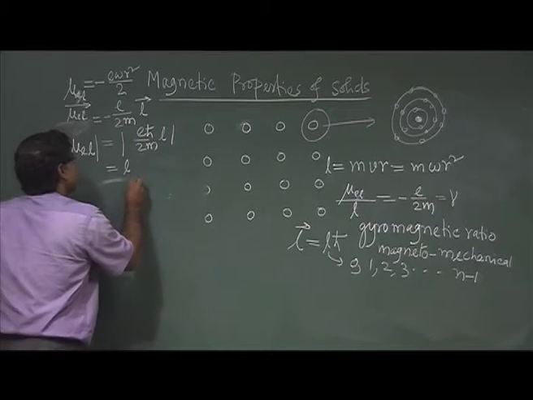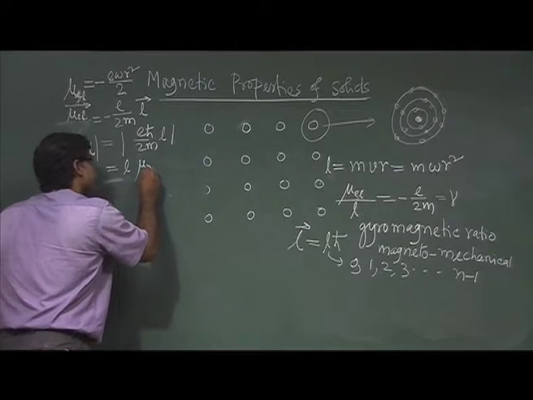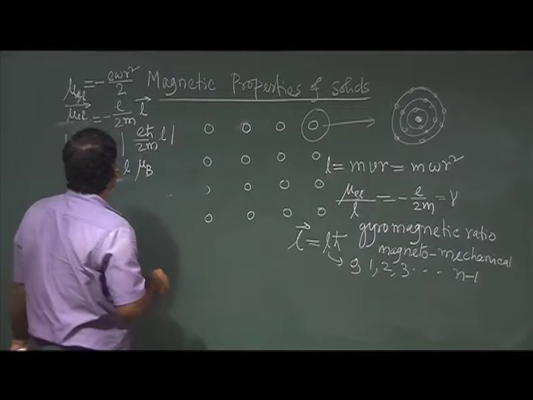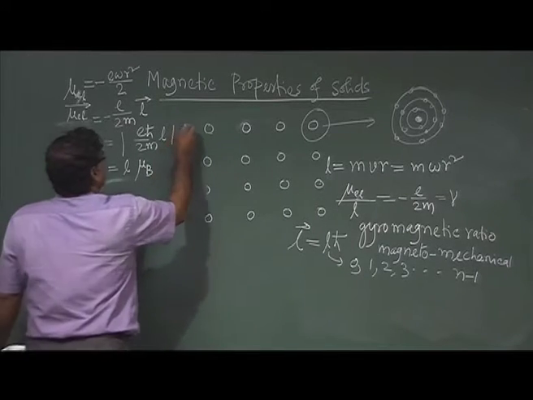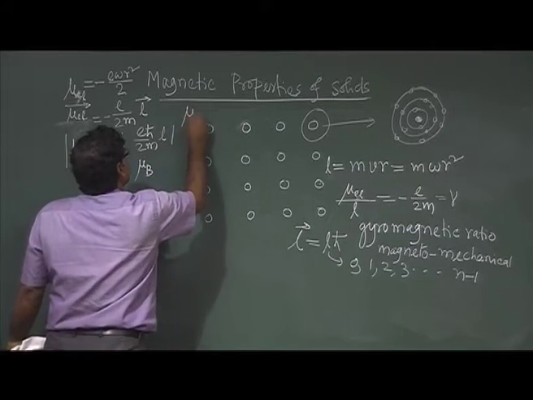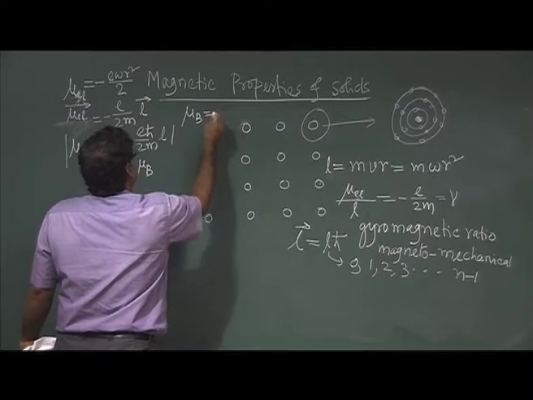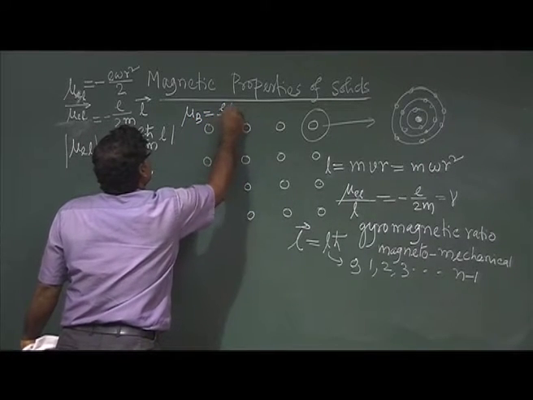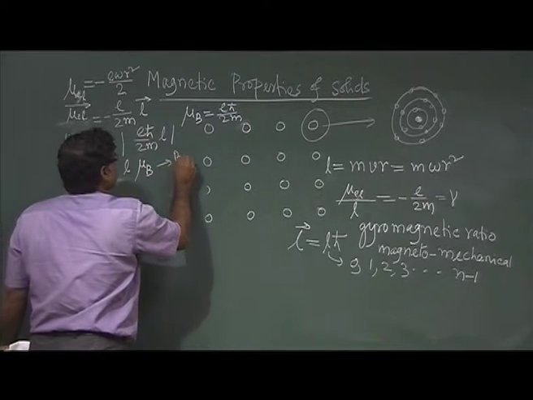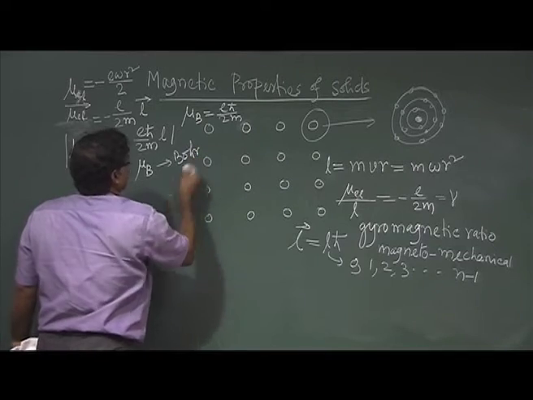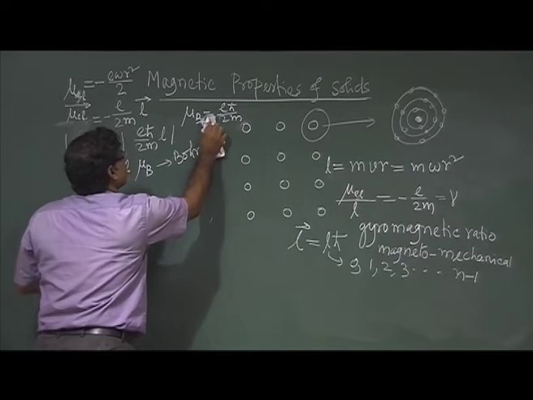And this we write μB, where μB equal to eħ/2m. So, this μB is called Bohr magneton. Okay.